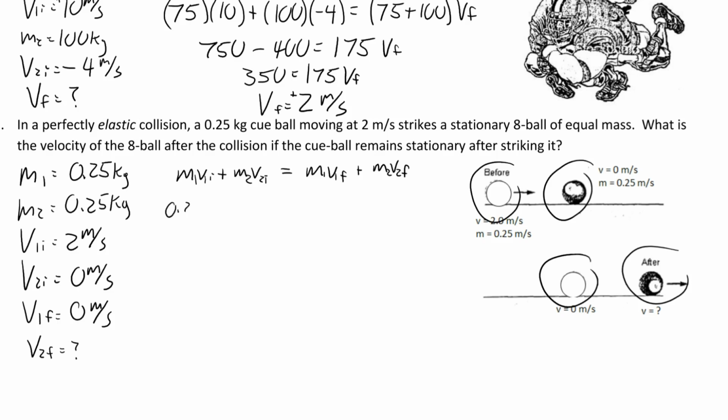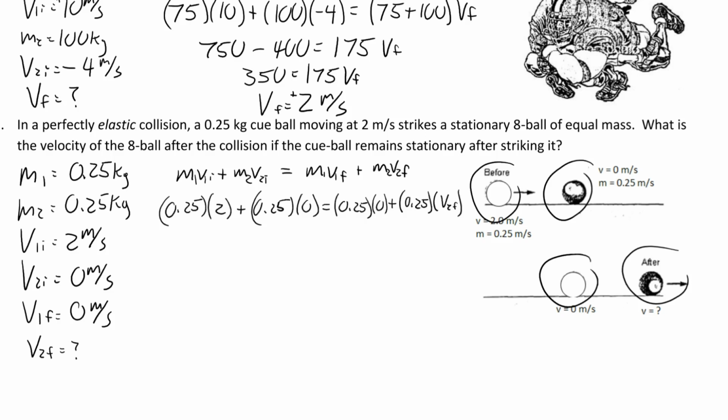So this is 0.25 times 2 plus 0.25 times 0. So that cancels out. Is equal to 0.25 times 0 because the cue ball is now at rest, plus 0.25 times V2F.